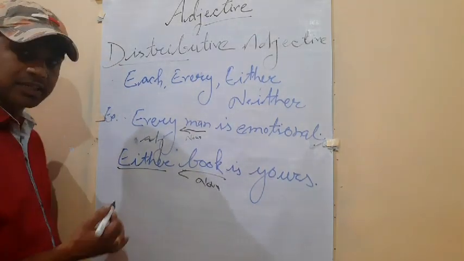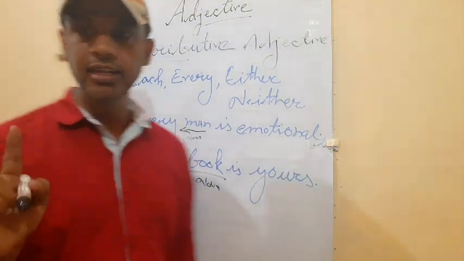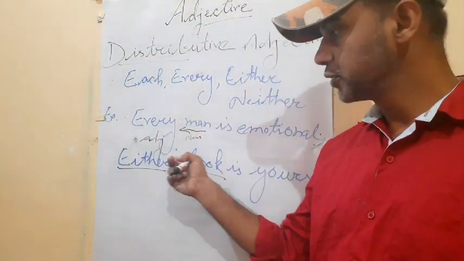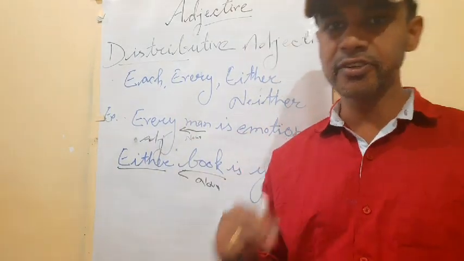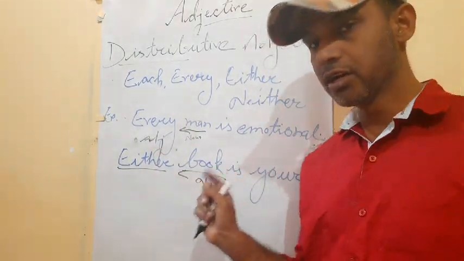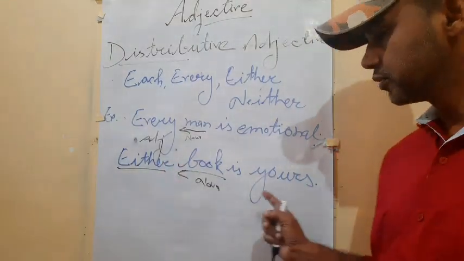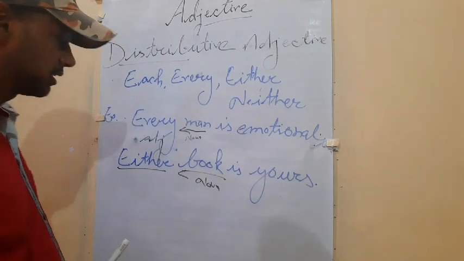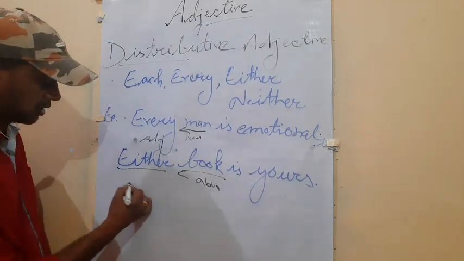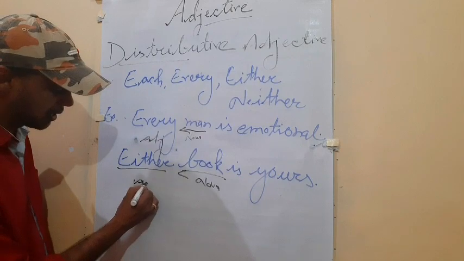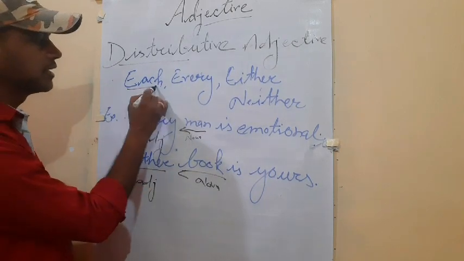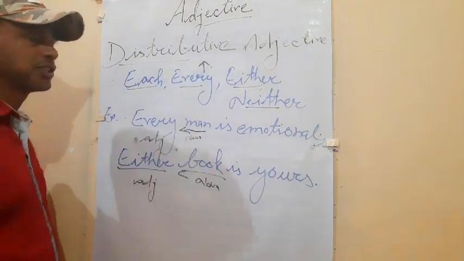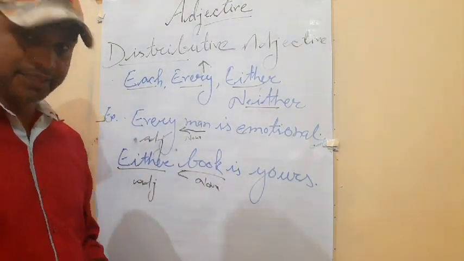Either is used for the positive case and neither for the negative case. Either and neither are both considered for two. So when we say either book is yours, it means there are two books and we are talking about any one. Understand now? So book is the noun and either is the adjective. As I told, each, every, either, neither are known as distributive adjectives.